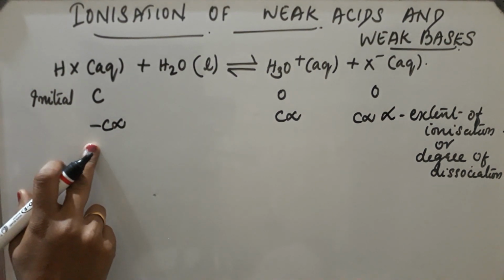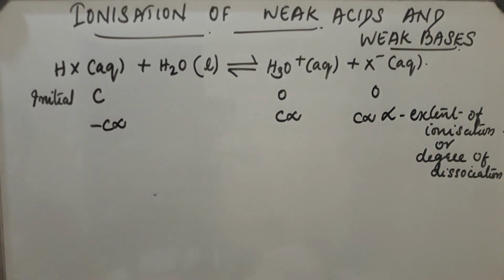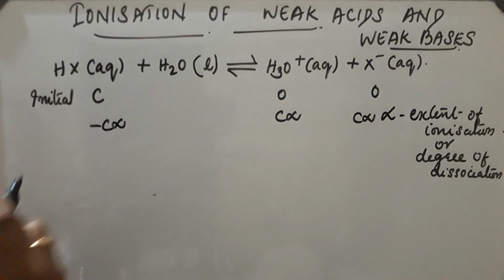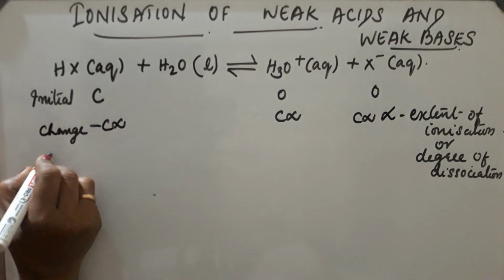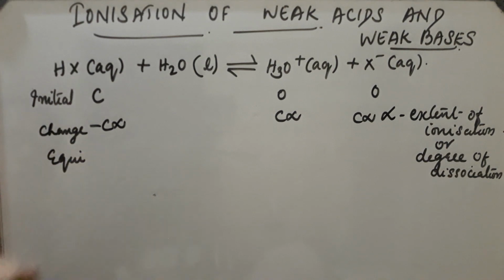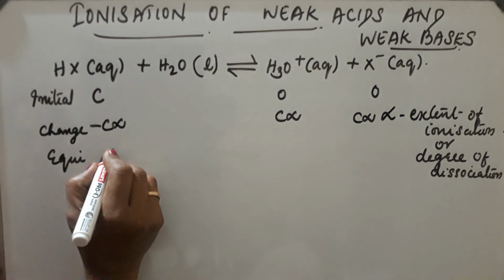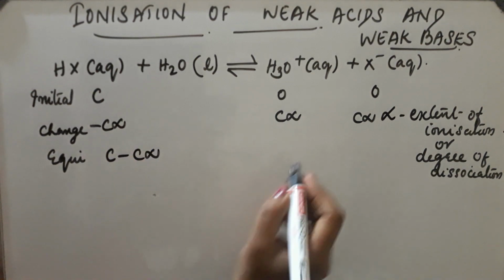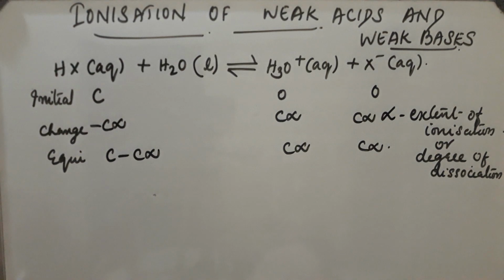So minus C alpha decrease, and plus C alpha for the products. Next is equilibrium concentration. What will be the equilibrium concentration? So equilibrium concentration will be C minus C alpha, and here same C alpha.